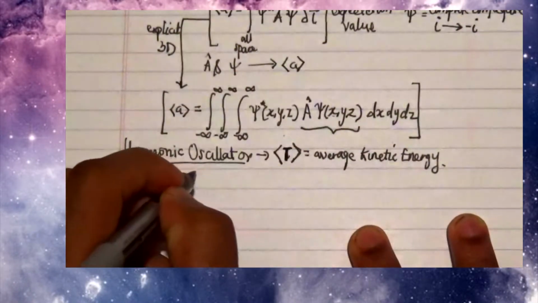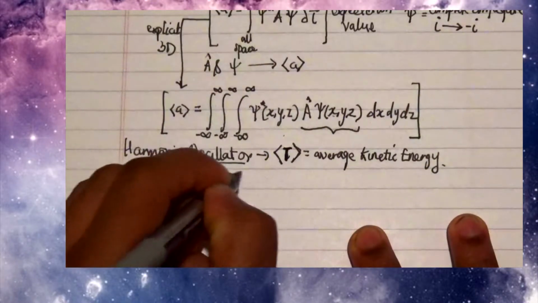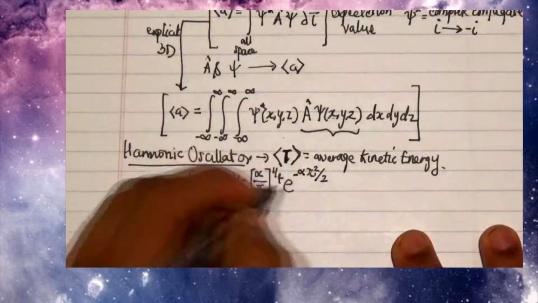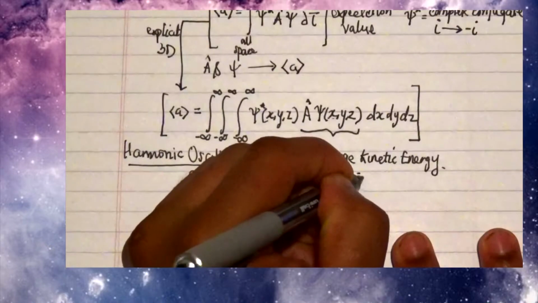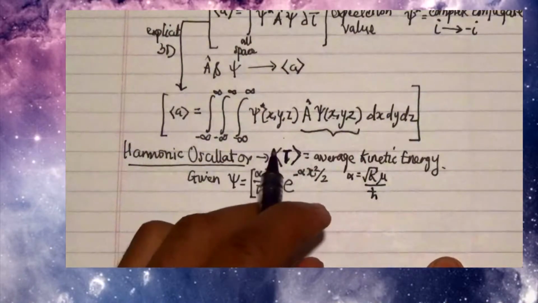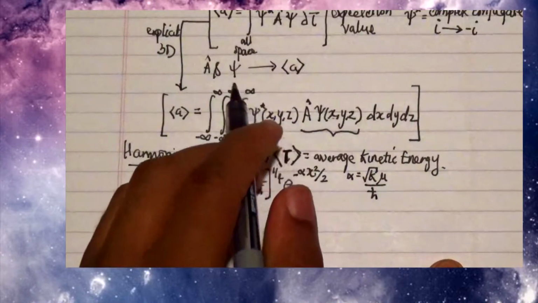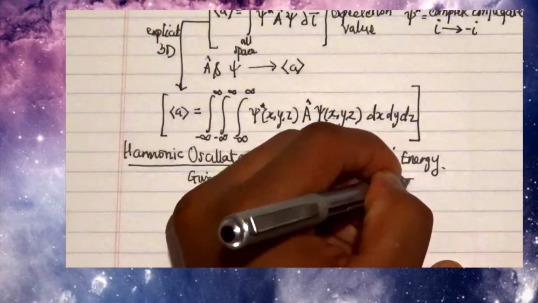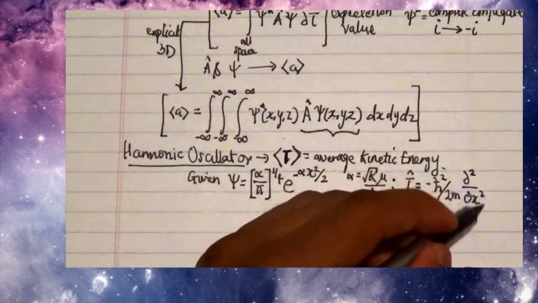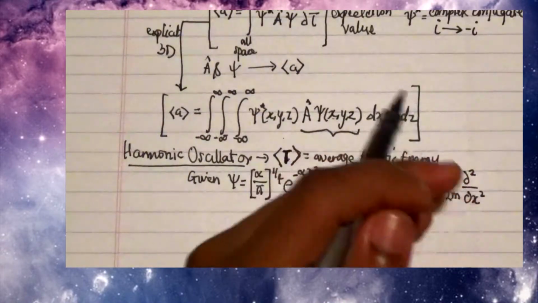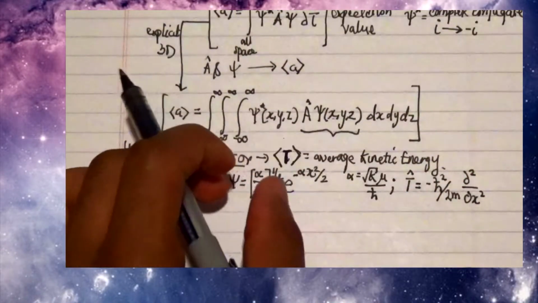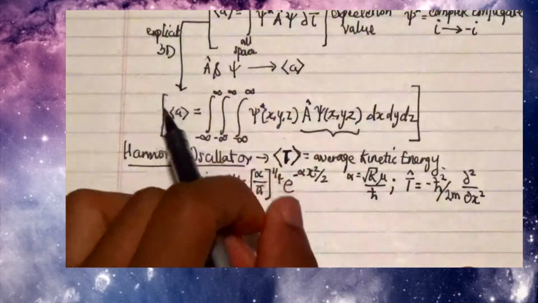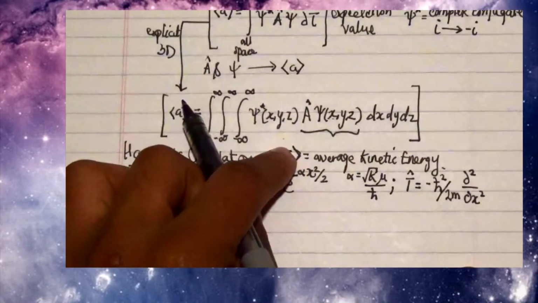In this case, you're given our wave function. Now we also need the other part, which is our operator. If our operator for this T equals to, then it means that you're going to apply the derivative two times to our wave function, then determine the integration and obtain our average kinetic energy.